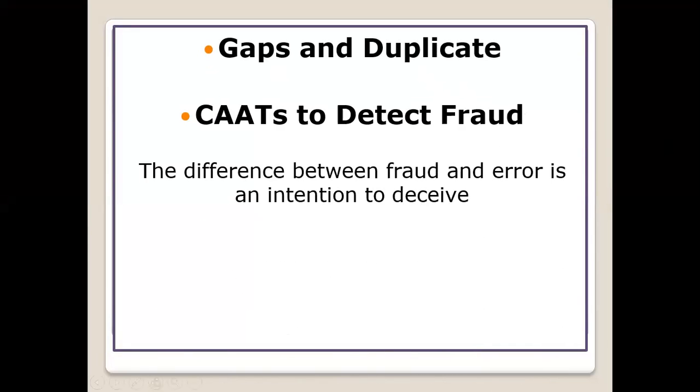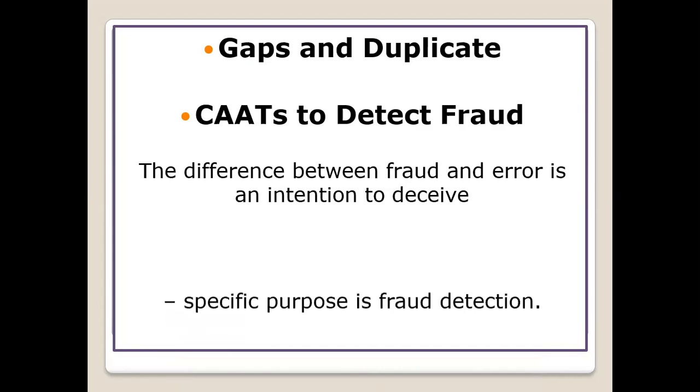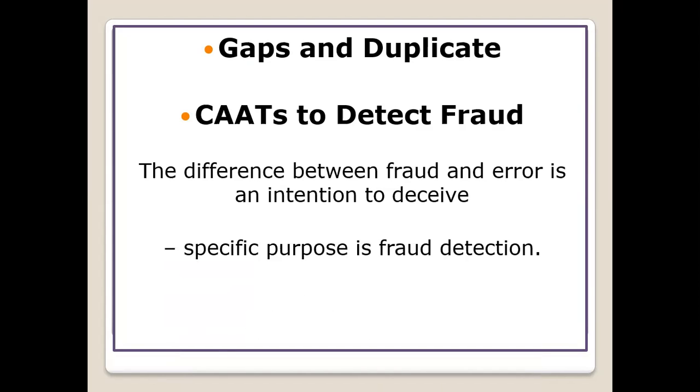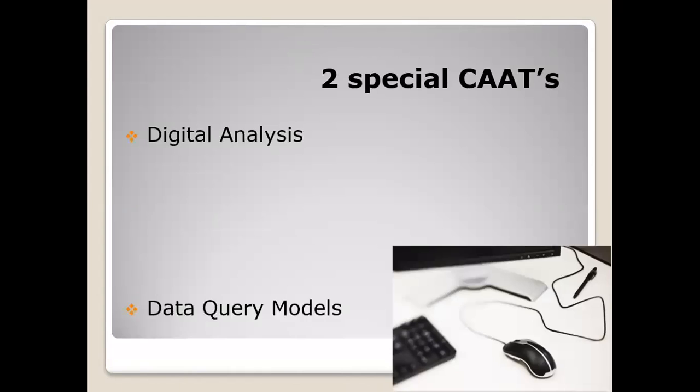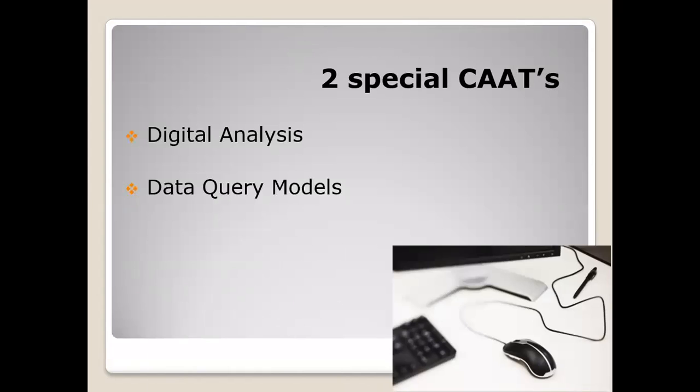Then CAATs to detect fraud. We just have to take note that fraud and error are different because error is unintentional, but fraud is really an intention to deceive others by providing false information. So what we would like to have here is to detect fraud. In fact, we said using Benford's law a while ago. Then two special CAATs would be digital analysis, wherein we mentioned again Benford's law.